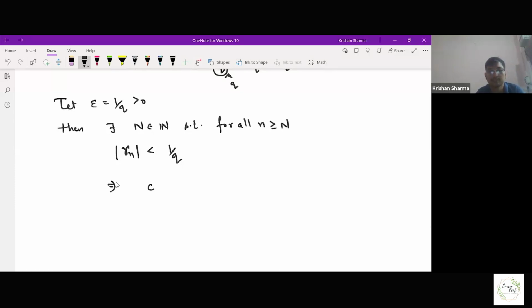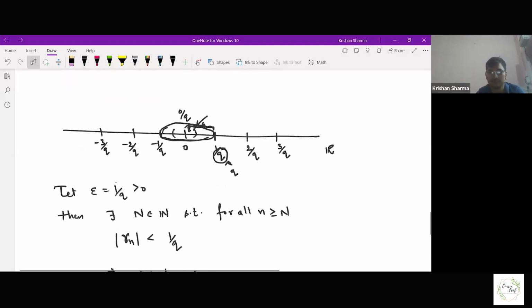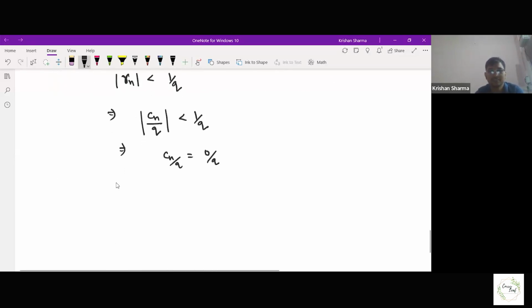Well, that means |Cn upon q| is less than 1 by q. Well, what does that mean? That means Cn upon q is nothing but 0 upon q, because there is only one number in this interval which is of the form Cn upon q, that is 0 upon q. So that means Cn is equal to 0.